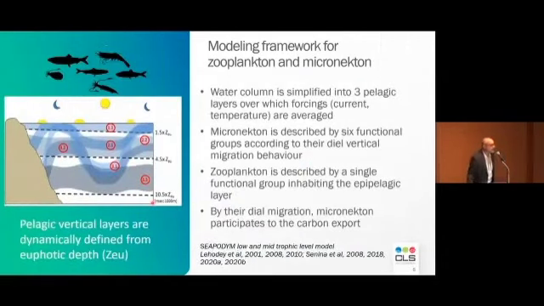For the zooplankton, we consider that it lives in the first layer of the ocean, and we decompose the ocean in 3 layers that depend on the euphotic depth. We have 3 pelagic layers. So zooplankton only inhabits the first layer, but for micronekton we consider 6 functional groups of species, where all taxa are grouped in functional groups.